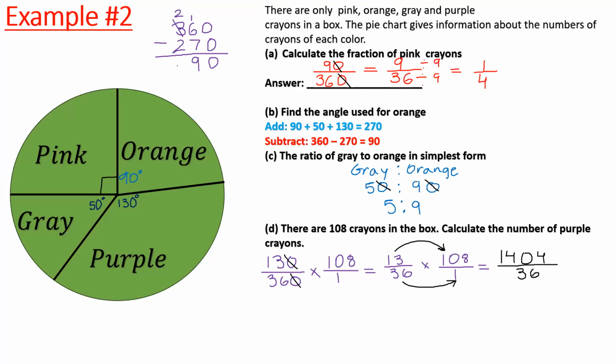And now we have to divide 1,404 by 36, which is going to be 39. So the answer here is 39. That means that we have 39 purple crayons.